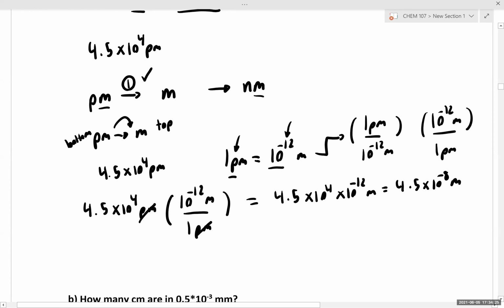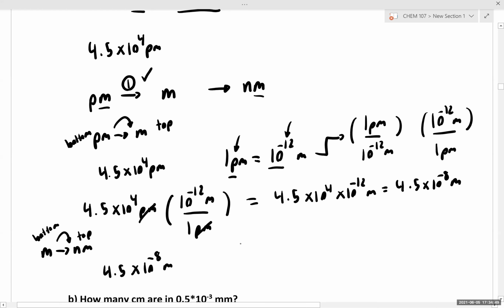Now we want to go from meter to nanometer. So if we have 4.5 times 10 to the negative 8th meter, and we want to go to nanometer, nanometer is going to be on top, meters are going to be on bottom.